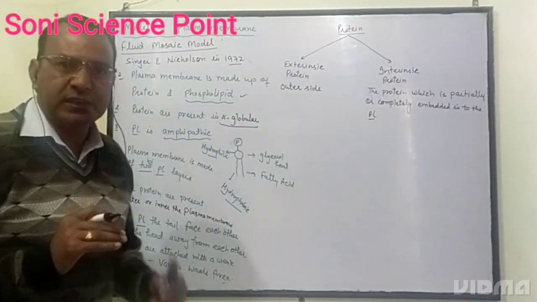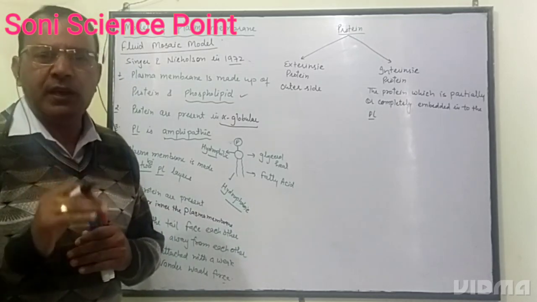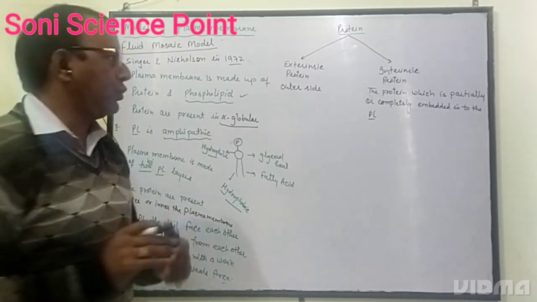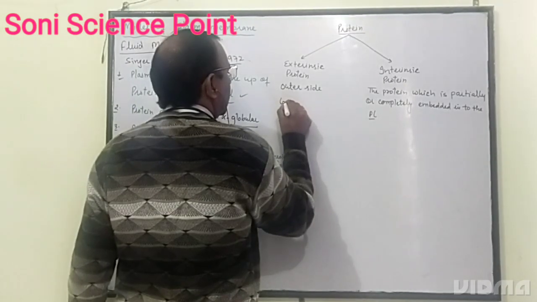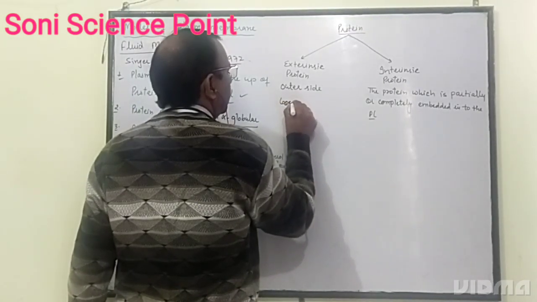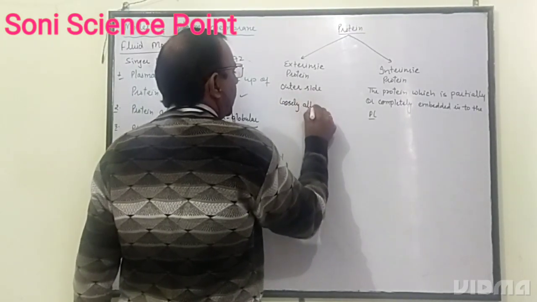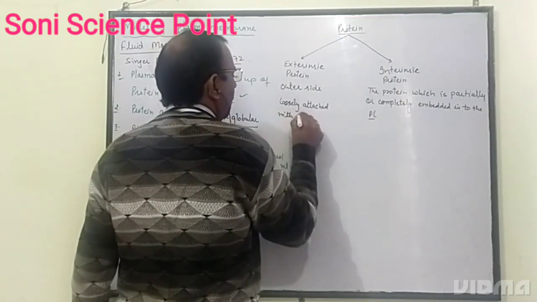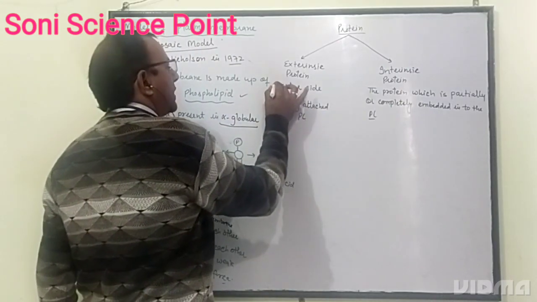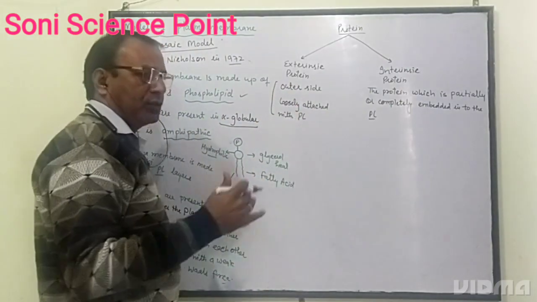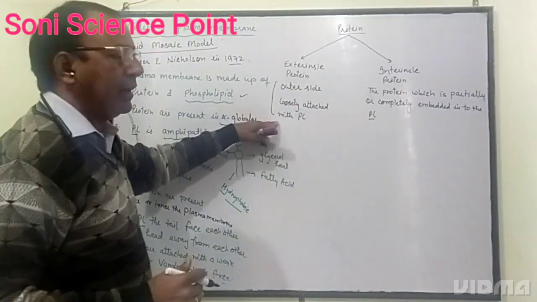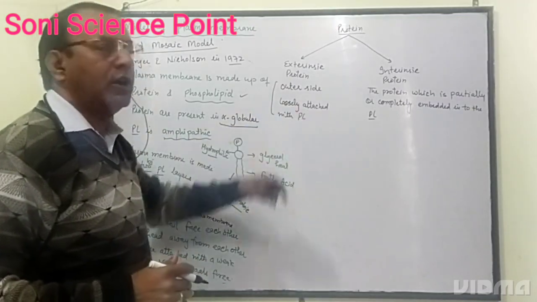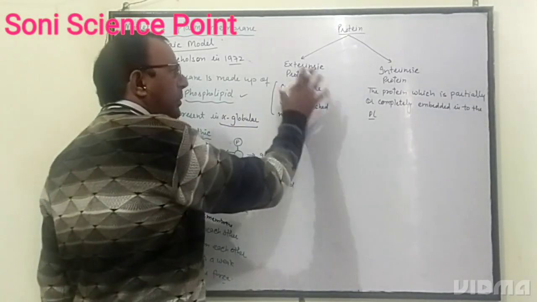Extrinsic protein is attached to the phospholipid weakly, or we can say loosely attached. It means the protein which is present outside is loosely attached with the phospholipid. This is the major property.